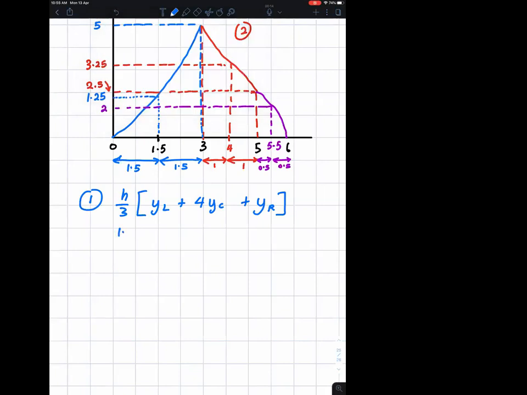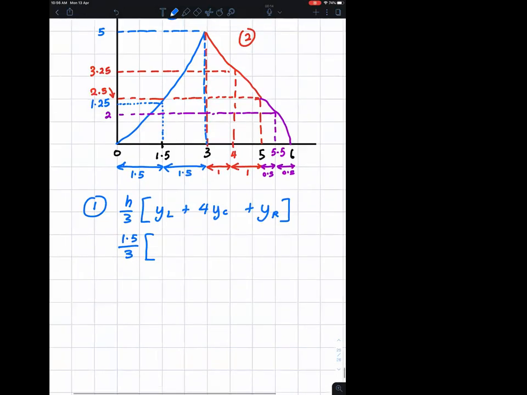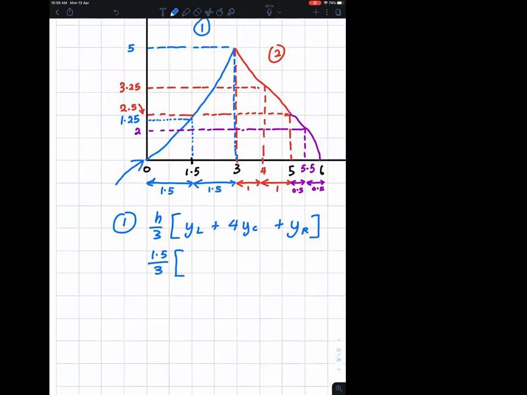It is 1.5. And what is yl? Look at the yl for the blue section. YL is 0, right or not?